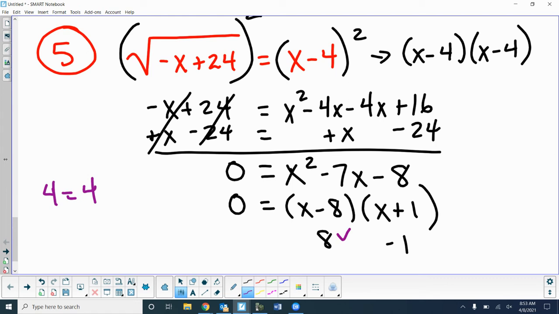Minus a negative 1 makes, two negatives is a positive. What's 1 plus 24? 25. What's the square root? 5. Does that equal negative 1 minus 4? Which is negative 5. Are they equal? No. So that doesn't work. Just the 8.